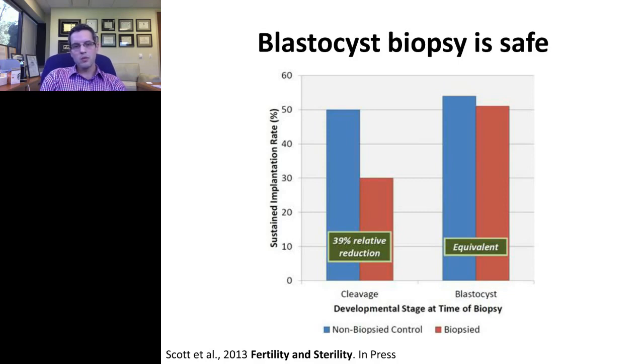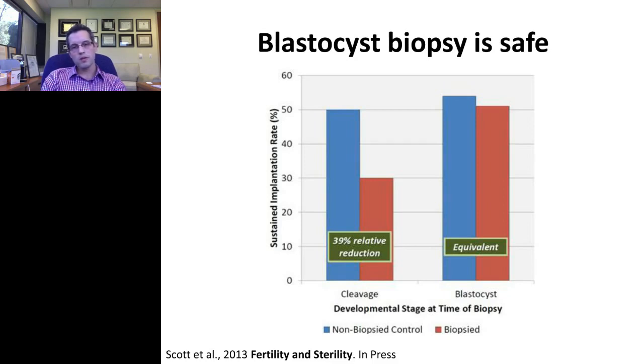In addition, we really don't know when we take a blastomere whether or not that particular cell was destined to become part of the inner cell mass, the actual embryo itself, or the trophectoderm lineage, which would give rise to the placenta. And also, it's technically challenging. It doesn't necessarily impact the reproductive potential, but the accuracy of diagnosis of a single cell is not as good as when you have multiple cells. So there's some practical considerations there as well.